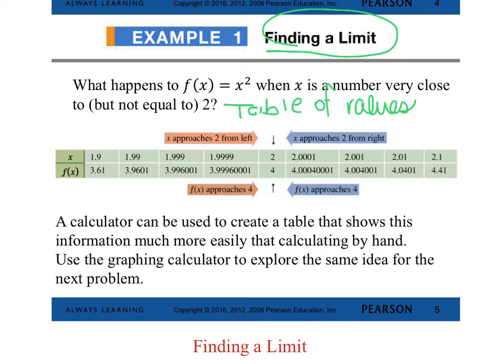And that table of values, which I've printed here much more neatly for you, shows us that as x approaches 2 from the left, which we write with an arrow for x approaches 2, and when we're approaching from the left, that's always from the negative side, f of x approaches 4.